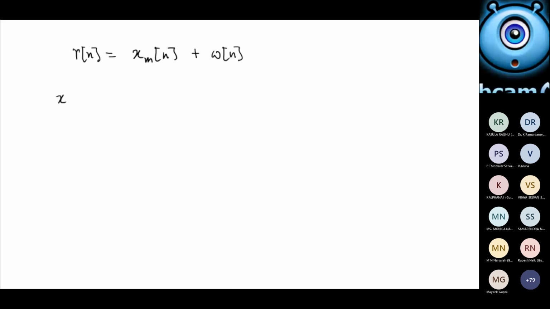Then we would multiply R of n with x naught conjugate of n. That would give us x naught conjugate of n times x_m of n plus w of n times x naught conjugate of n. Then we will take the DFT of both sides.